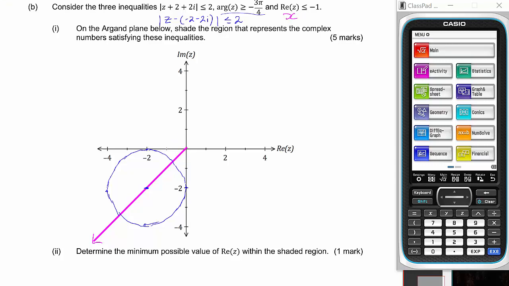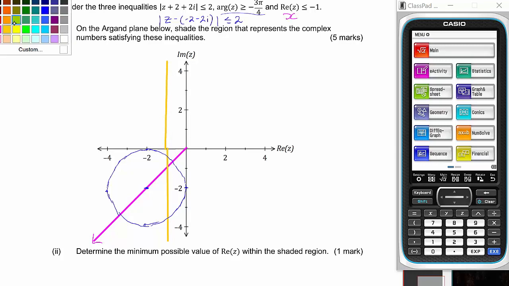So that's, oh, wrong drawing tool really. So let's just get rid of that and try it with the line tool. And so that's just going to be x equals negative 1, like so.